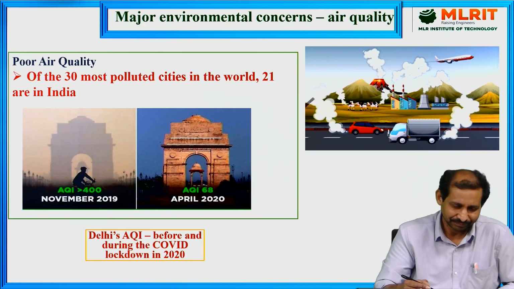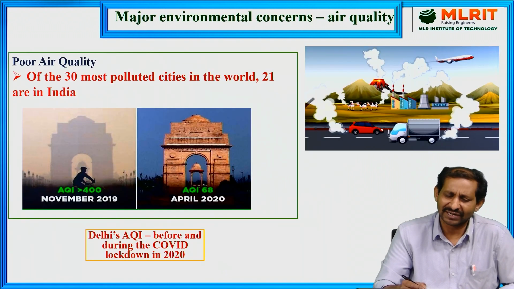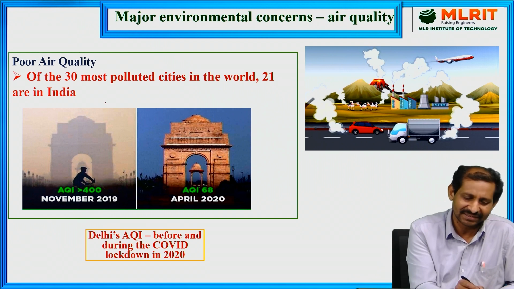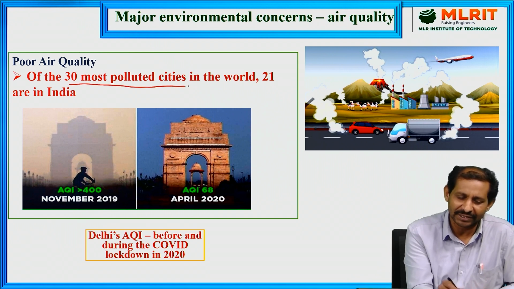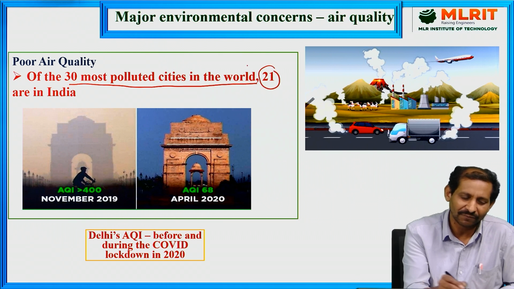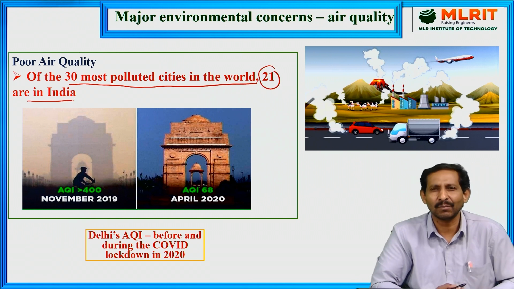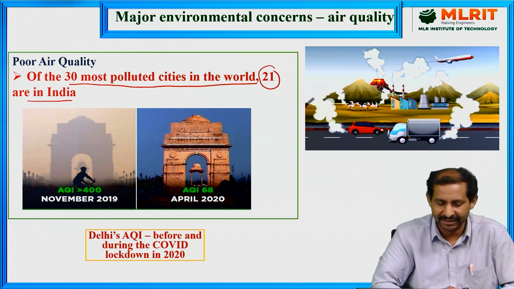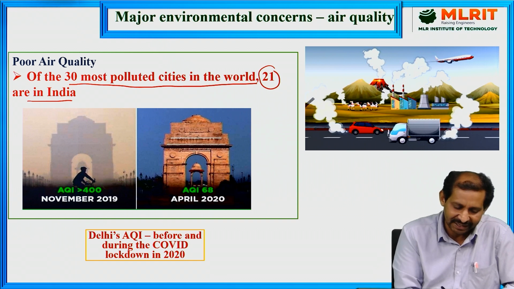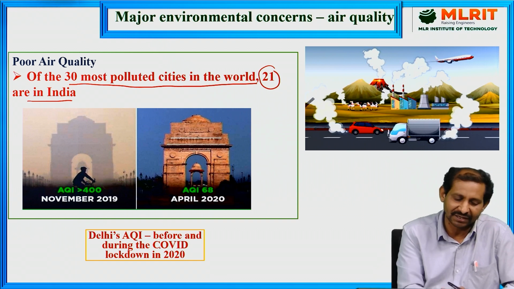Now this slide exhibits air quality, through the air quality index. Of the 30 most polluted cities in the world, 21 are in India, because more air pollution is created in India. One example is the air quality index before and after the COVID time.